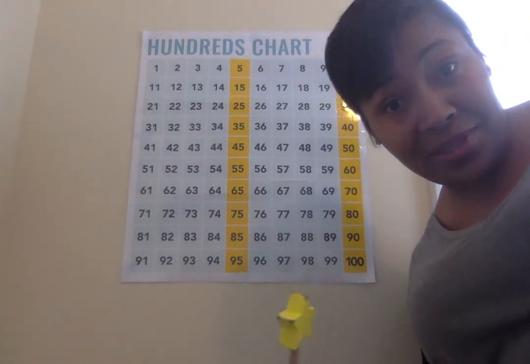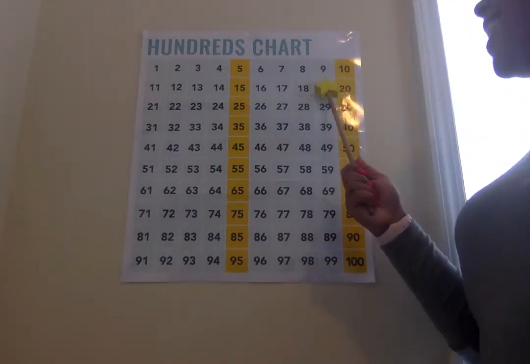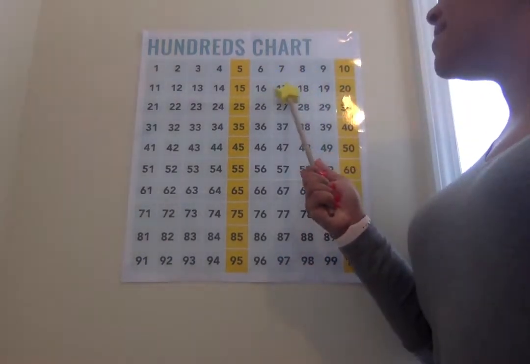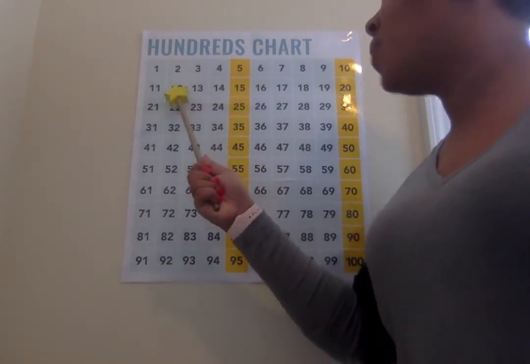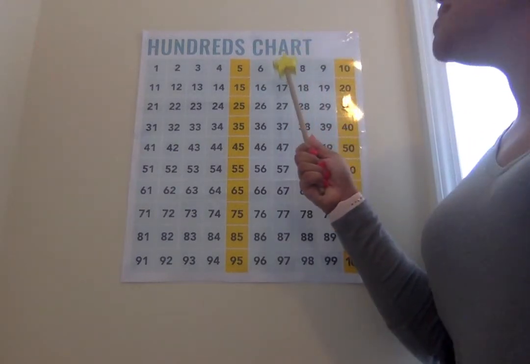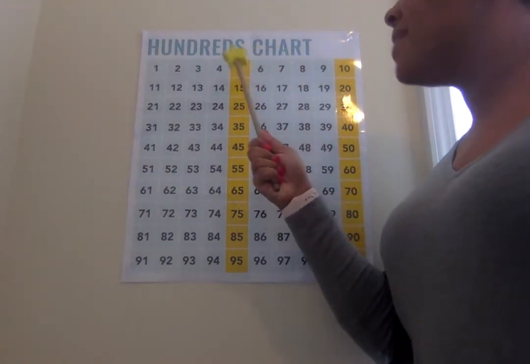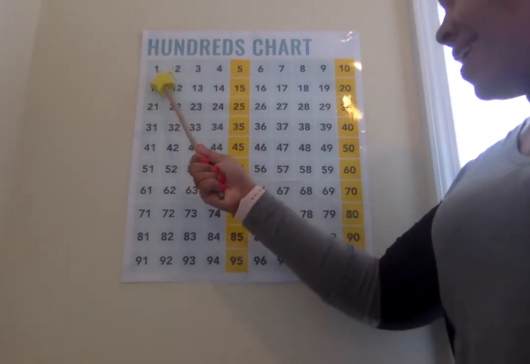Can you count backwards from 20? Okay, let's get ready. 20, 19, 18, 17, 16, 15, 14, 13, 12, 11, 10, 9, 8, 7, 6, 5, 4, 3, 2, and 1.